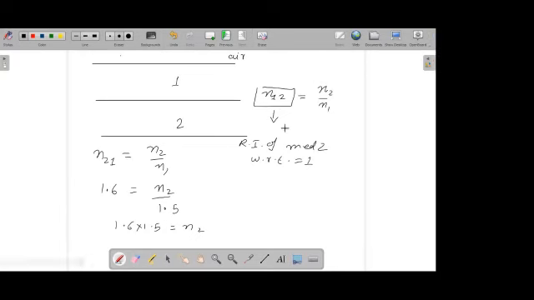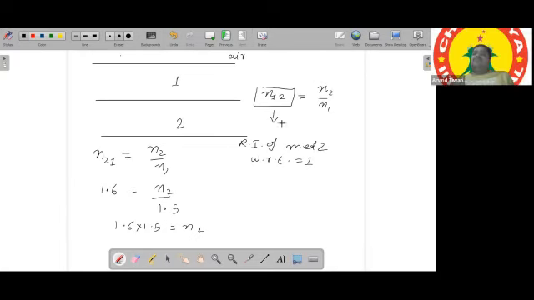Yes, sir. Okay. So this is how we are reading it. So make your reading comfortable. Don't remember it as N12 or N21. Remember refractive index of medium 2 with respect to 1 will be equal to N2 by N1. Okay. Any other doubts?